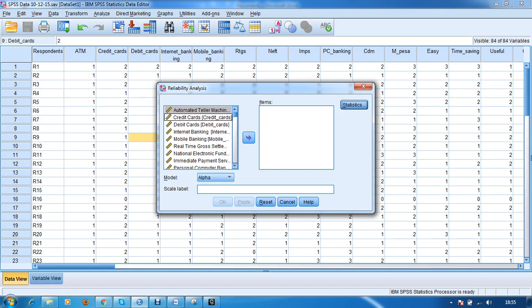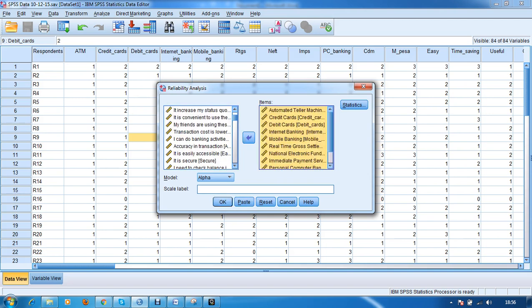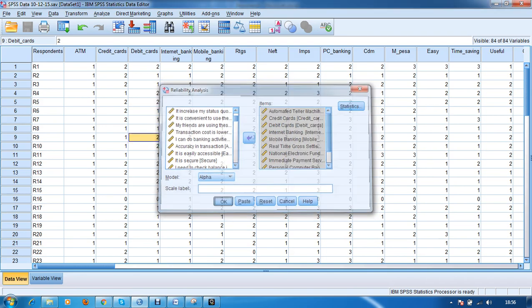I will be testing from question number 1. In question number 1, I have these variables which I am selecting. As you can see the cursor, I have been moving till the last variable included in my question number 1, and I am transferring these variables into the Items box. The model is Alpha, and then I click OK.